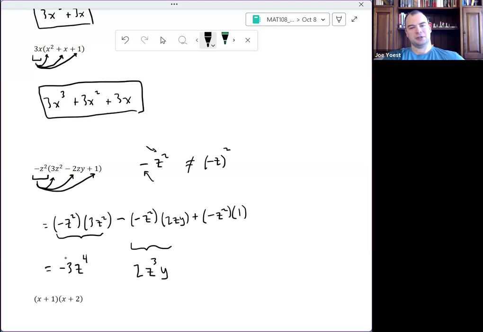This negative sticks around. And this negative is actually going to cancel out with that negative. So minus negative stuff is going to be plus 2z cubed y. And then, of course, over here I have minus z squared, or well, plus a negative z squared times 1, which makes a minus z squared times 1, or just a minus z squared.